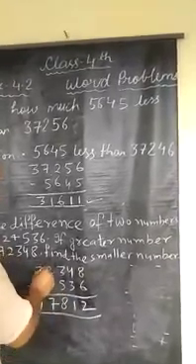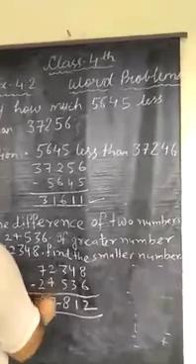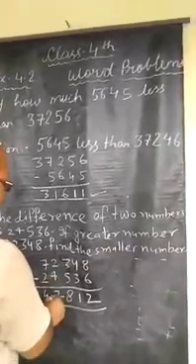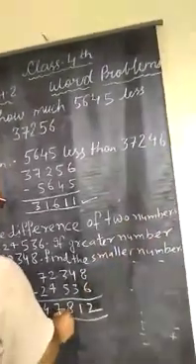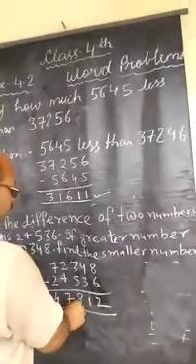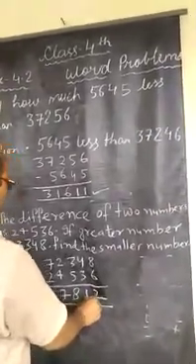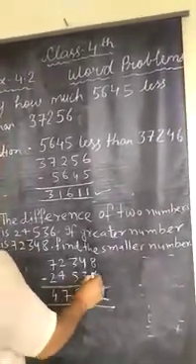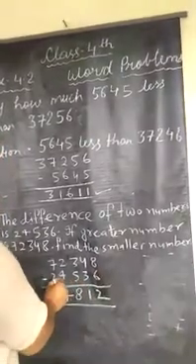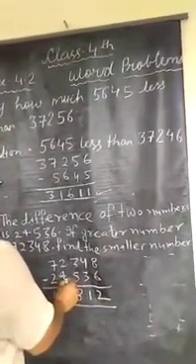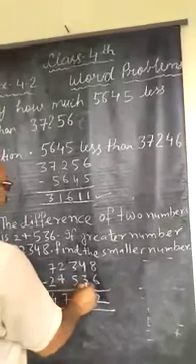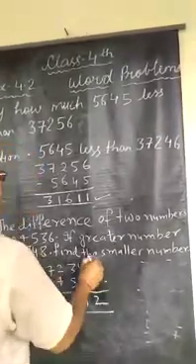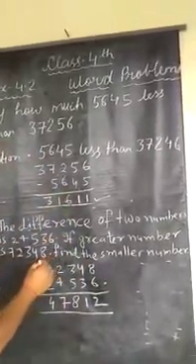And 6 minus 2 we get 4. Our answer is 47,812 minus 24,536, so our smaller number is 24,536.